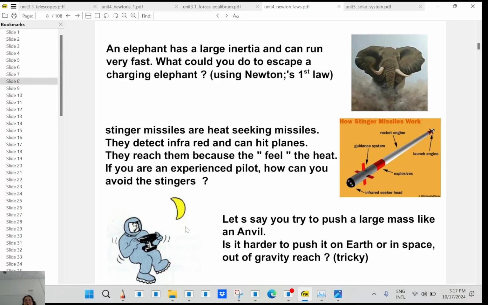If you are speeding up or slowing down, you need a force, because you are changing the velocity. You are changing the state of motion. If you go faster or slower, you need to apply a force. You can also turn. When you turn, you need a force, called a centripetal force. It's not that you are going faster or slower.